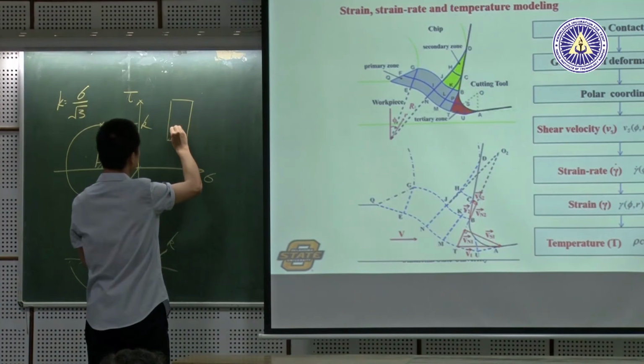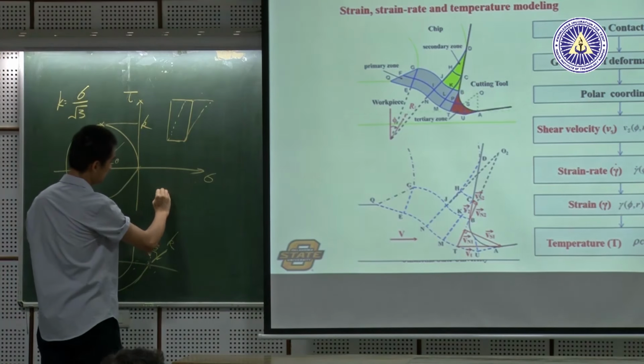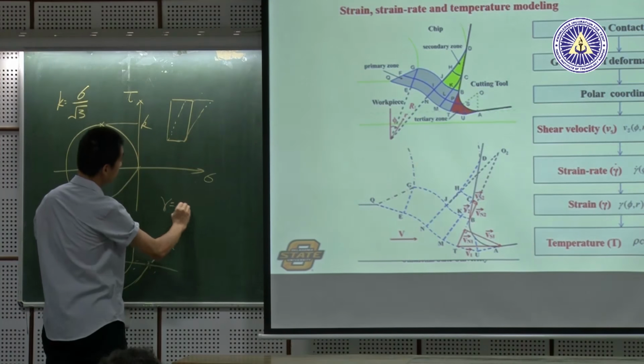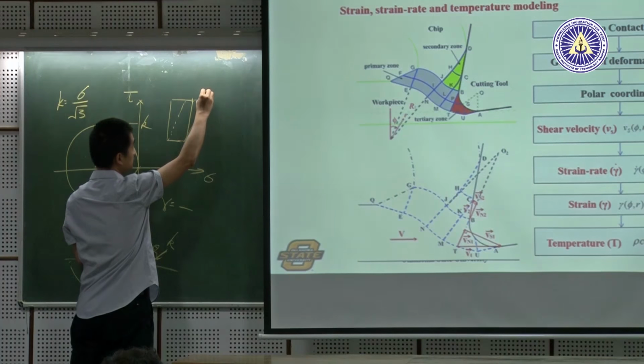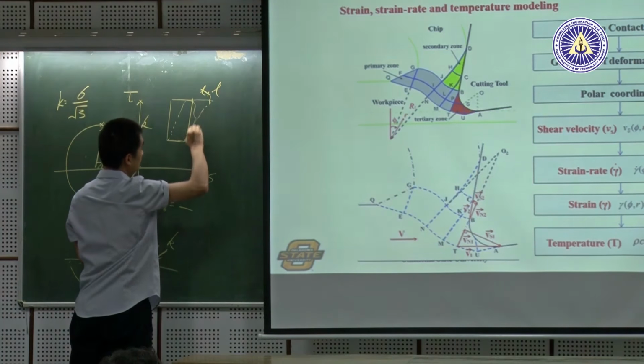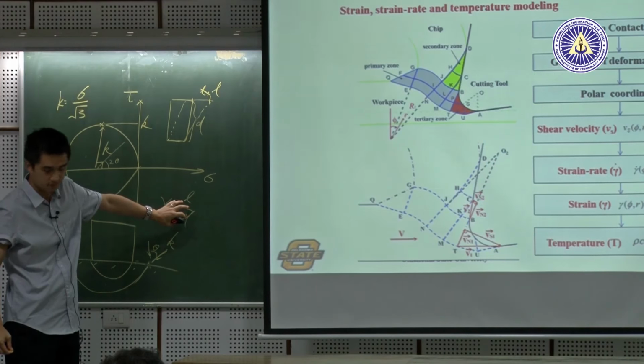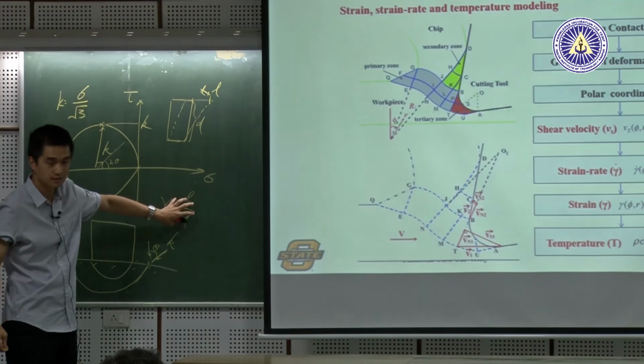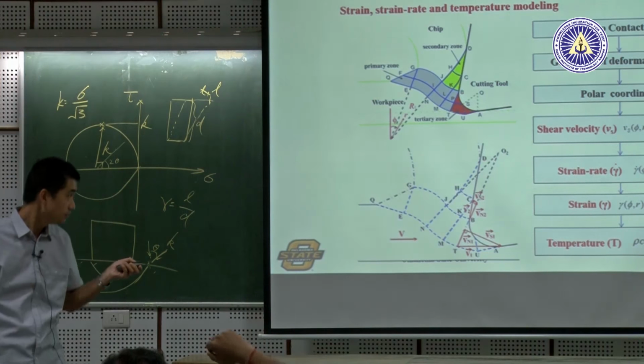So how do we define the shear strain? It is this length L divided by D. That is how we define the shear strain based on the classic model.